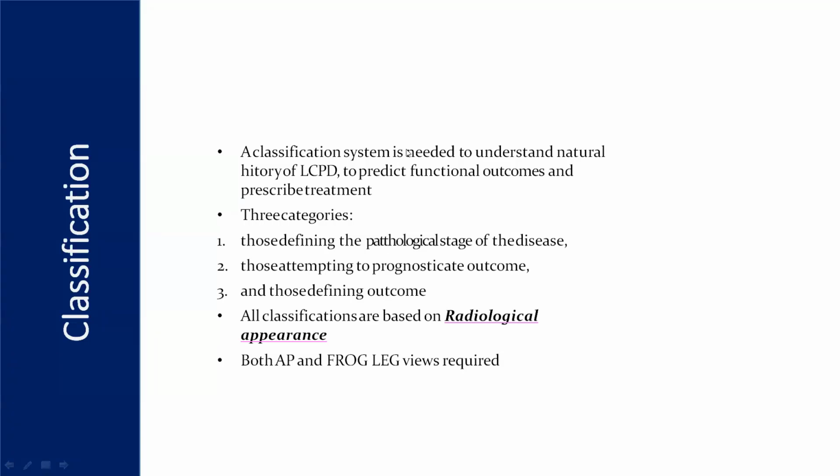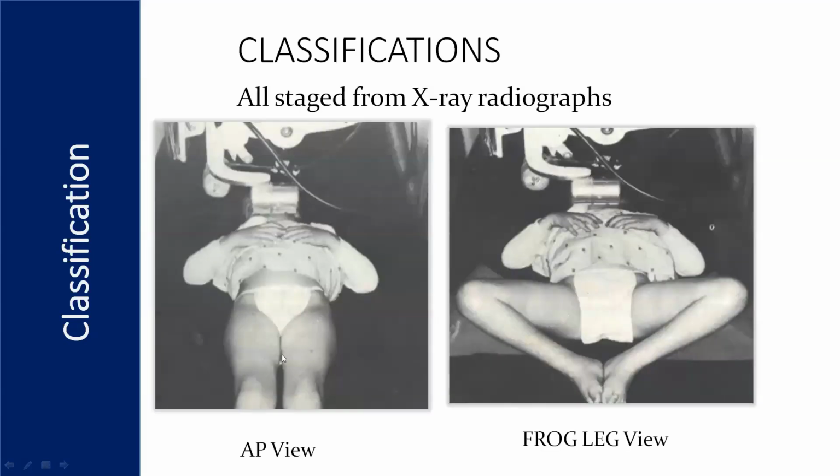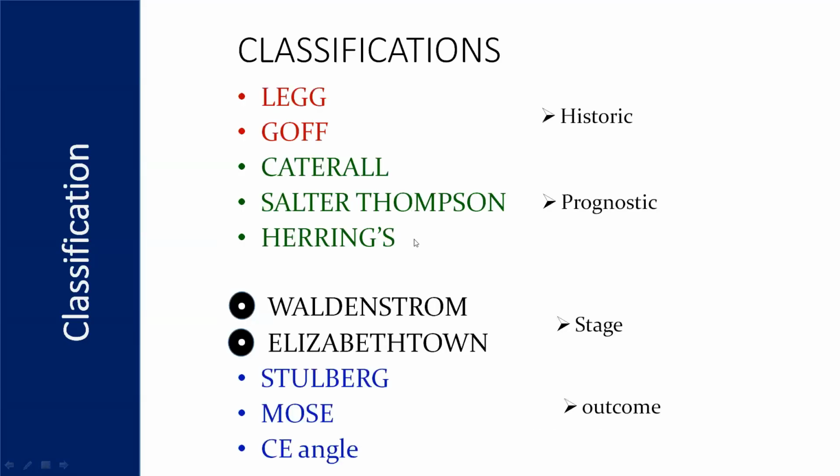And then a third classification system would define the outcome. Also, all the classifications done for Perthes are based on radiological periods. So an X-ray is really important in Perthes. We can only do an X-ray. We usually do an AP view and frog lateral of any case.